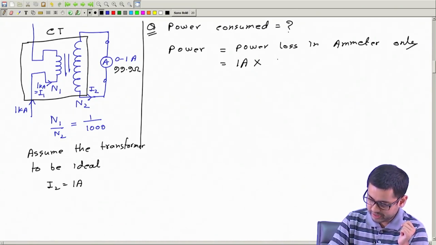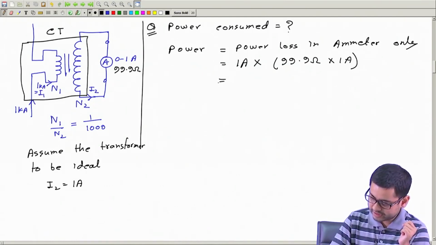The voltage will be 99.9 ohm multiplied by 1 ampere. This is I square R, and this is 99.9 watt.